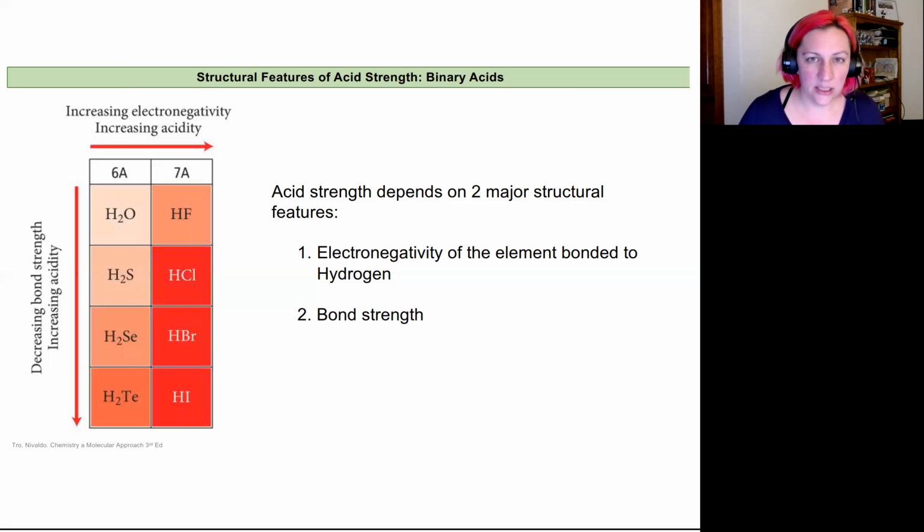What we're really looking at here is how easy it is to break this bond. It's going to be easier when the bond is weak, or when the bond is already partially broken, because that hydrogen is so partially positive already, it's easy for it to just abandon its electron and become a fully positive charge.